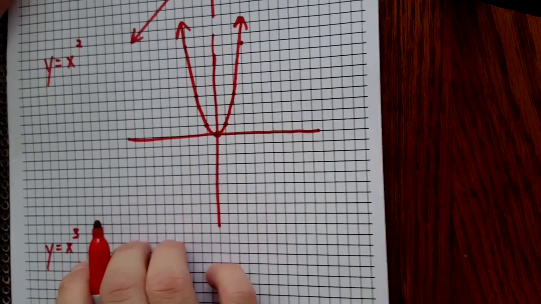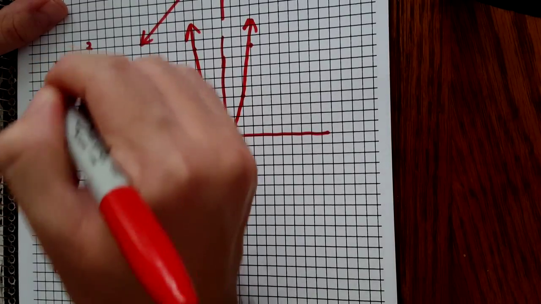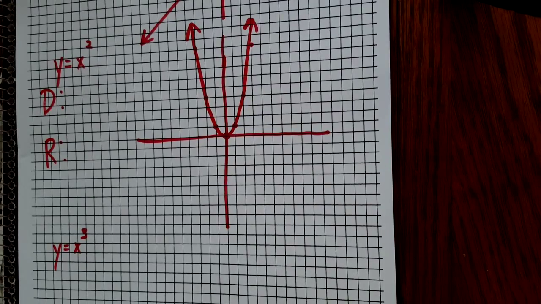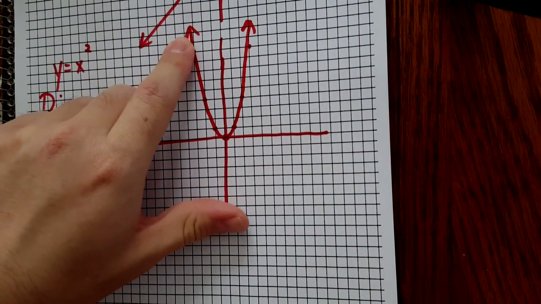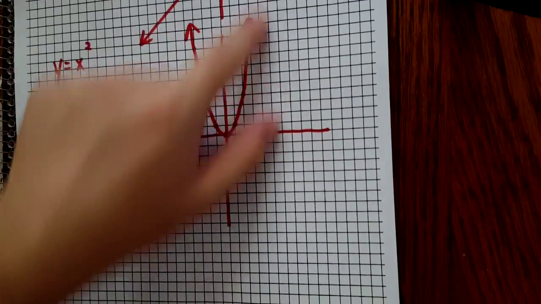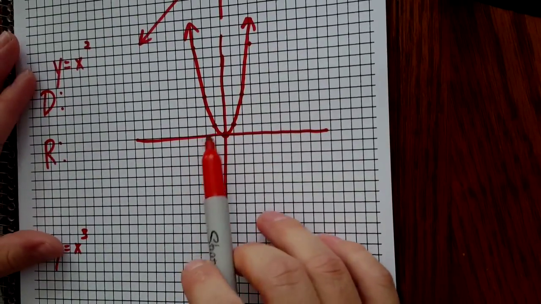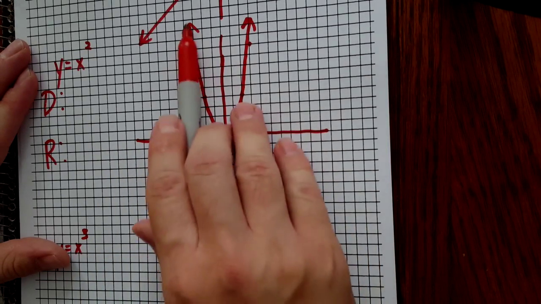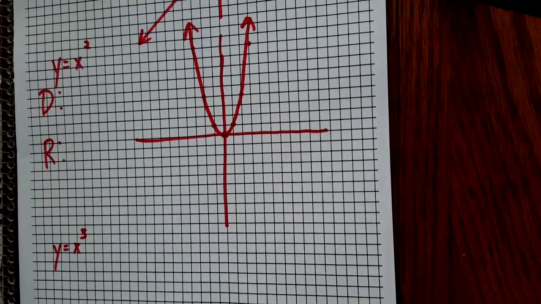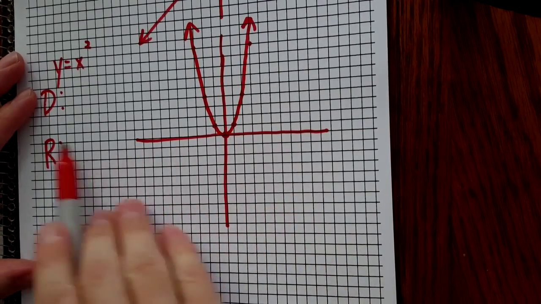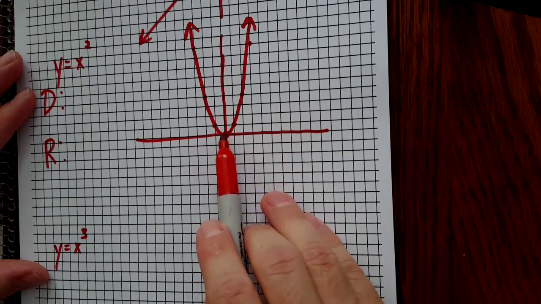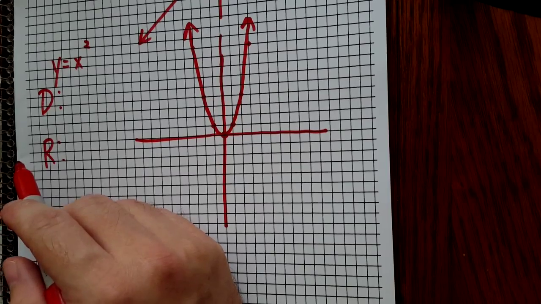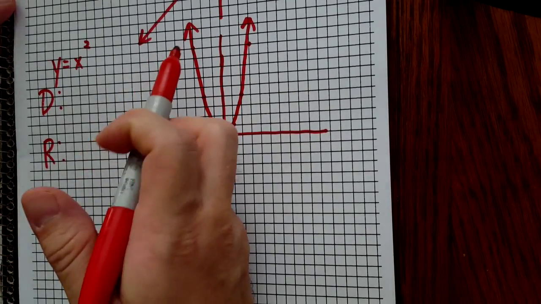And I'm going to try and answer the same two questions. What's the domain? And what's the range? Okay, start with the domain. Since I've got these arrows here, this means that this is going to go on forever. Now, I'm only looking at the x values that this thing can possibly have. So how many x values are allowed in this? Let's try and ask that another way. If I went out to x equals negative 10,000, is that going to be part of this graph?